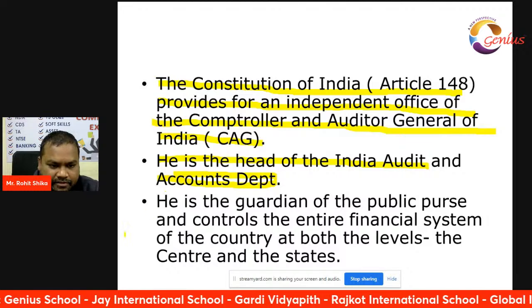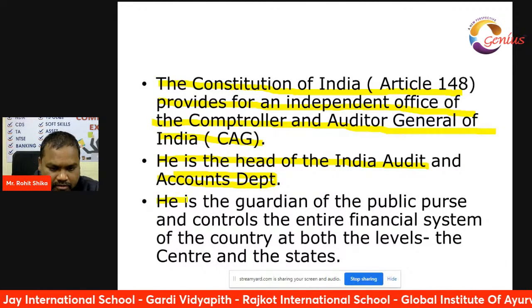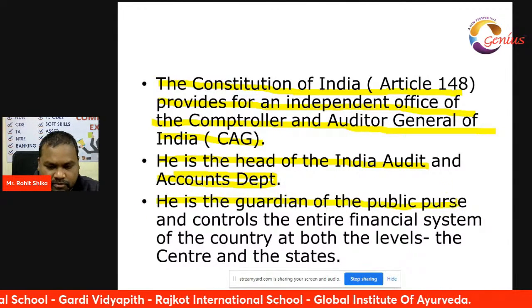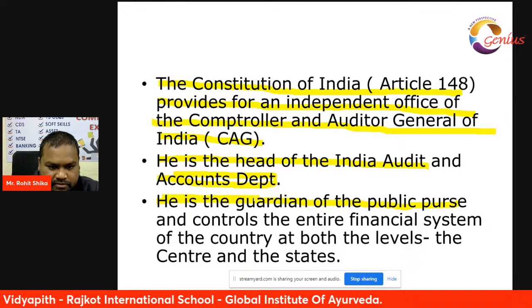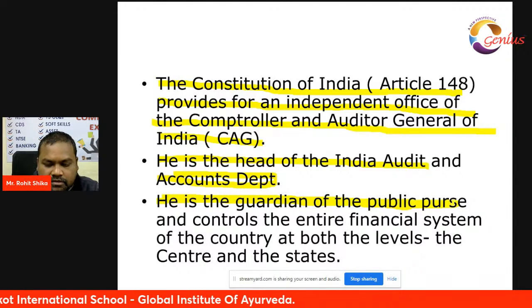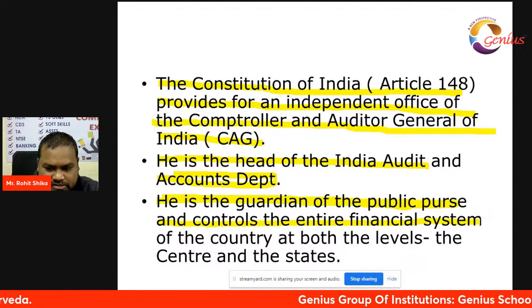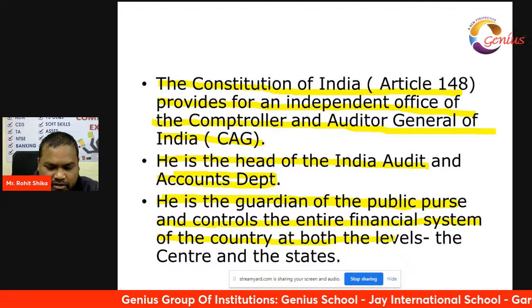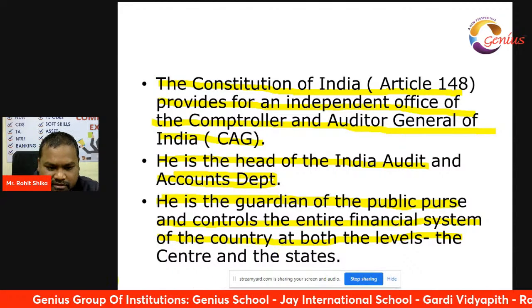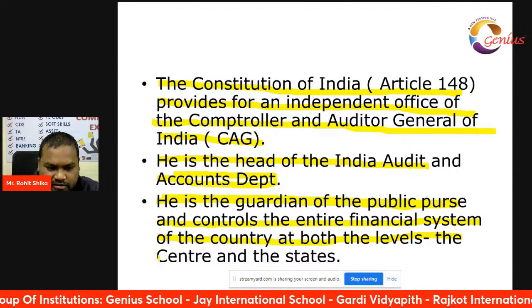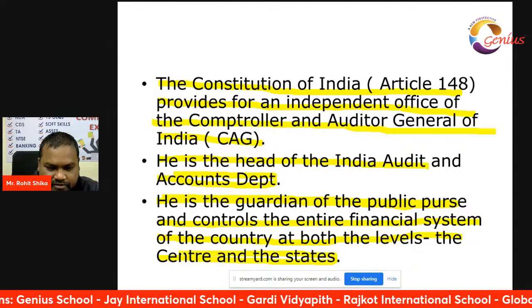He is the guardian of the public purse and controls the entire financial system of the country at both the levels, the center and the state.